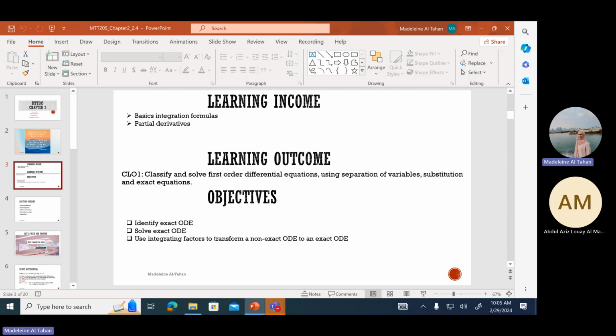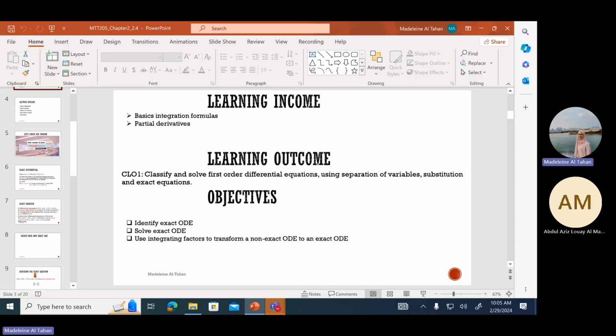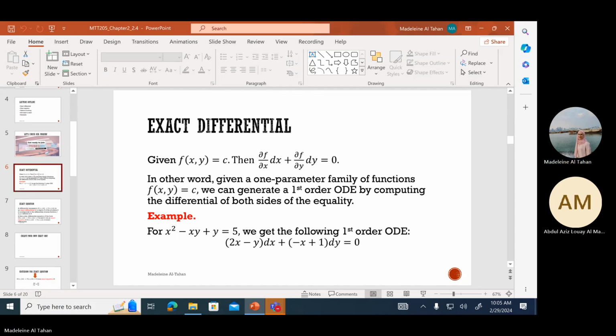What do we mean by that? Okay. First, we will define what's meant by exact function. Using the chain rule from calculus 3, if we have f of x, y equal to a constant, what does the chain rule imply?